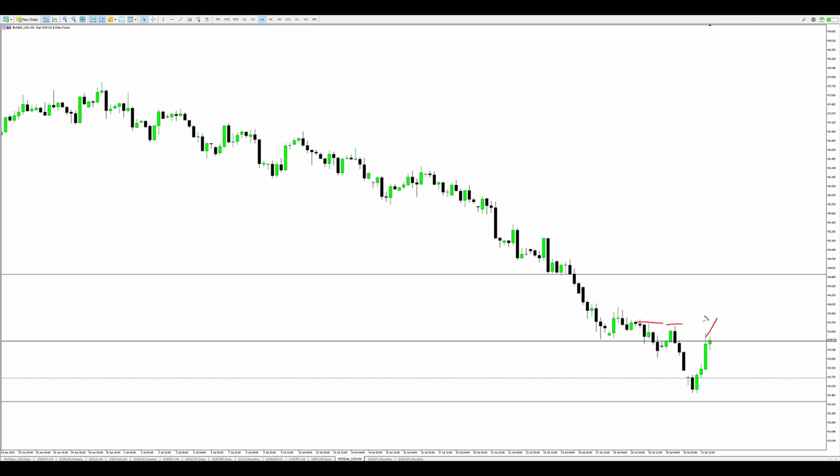So expect price to trade to this area, or even to these two equal highs here, right? That is to trade into this bearish order block before you can start anticipating lower prices. Or it can clear up all the buy stops above here, right?